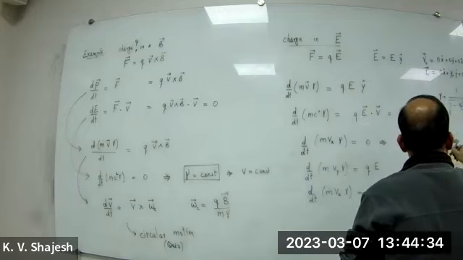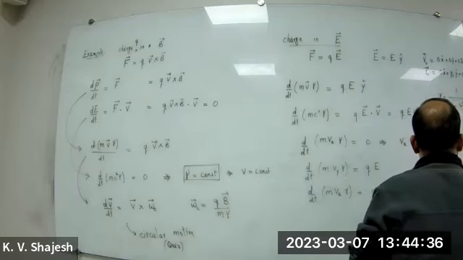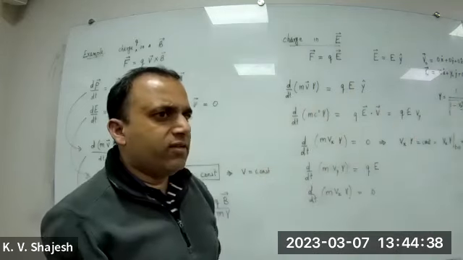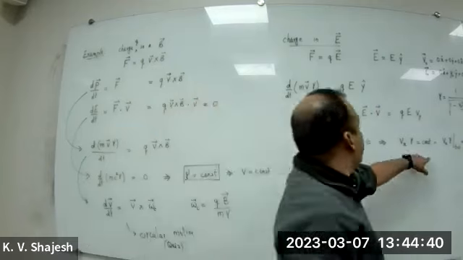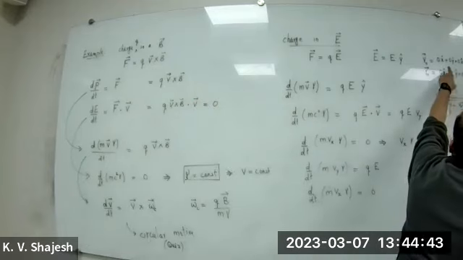Gamma is 1, and Vx is equal to 0, so that's equal to 0, because Vx at time t equal to 0 is 0.